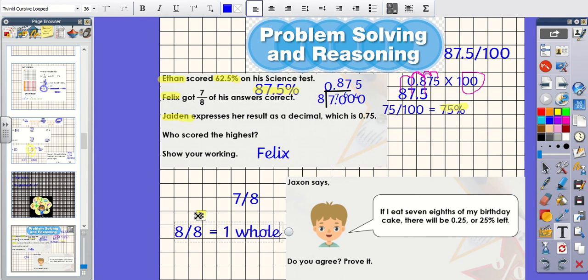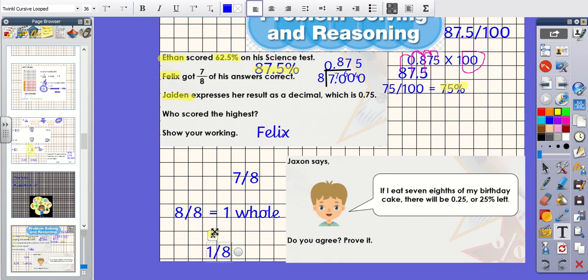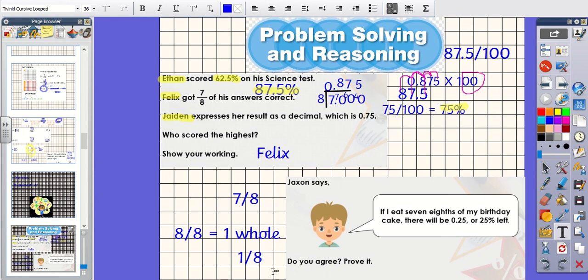So if we split that up, we can see that there would be 1/8 remaining, yeah? If he's eaten 7 8ths, 8 8ths equals a whole, 1/8 would be left.